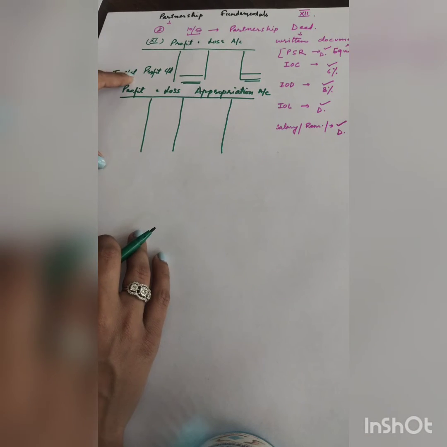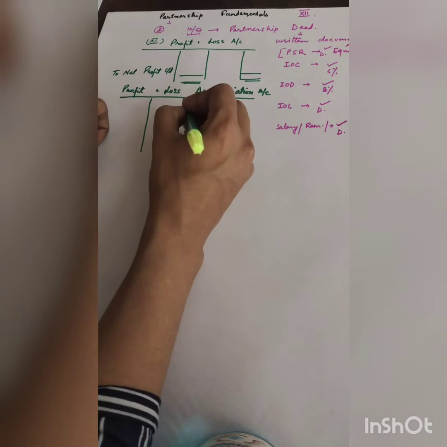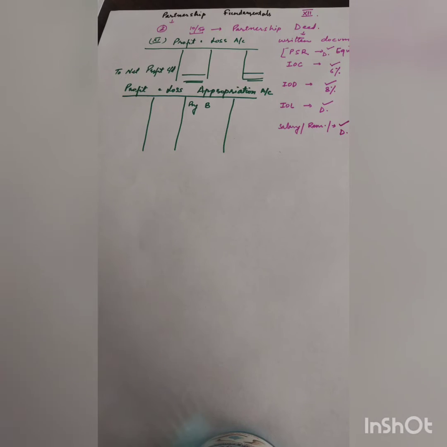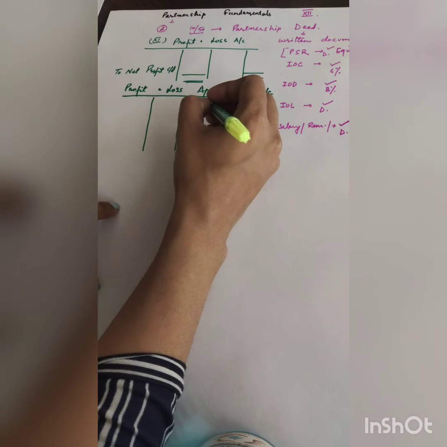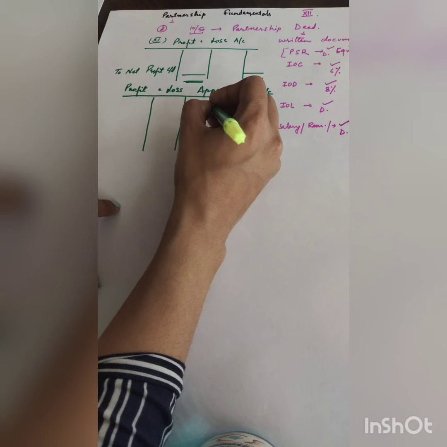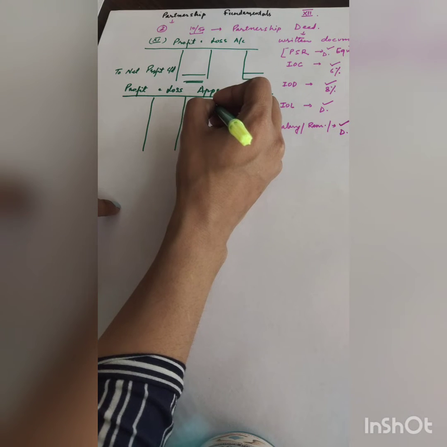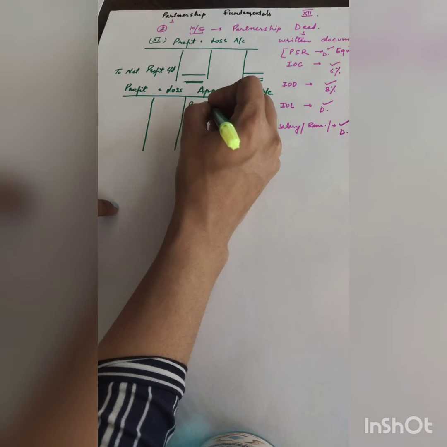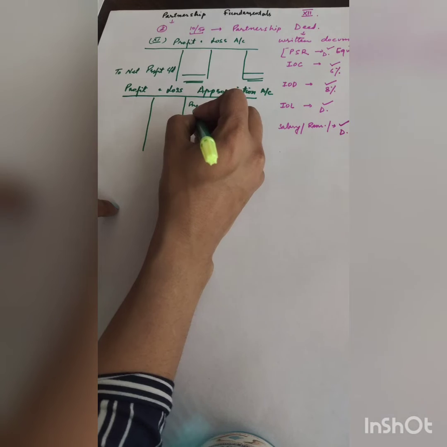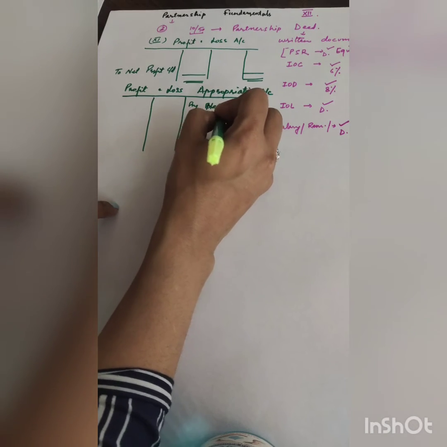So this was the closing balance of the P&L account, and now the balance from the profit and loss becomes the opening balance of profit and loss appropriation. So it will be written as by net profit brought down.